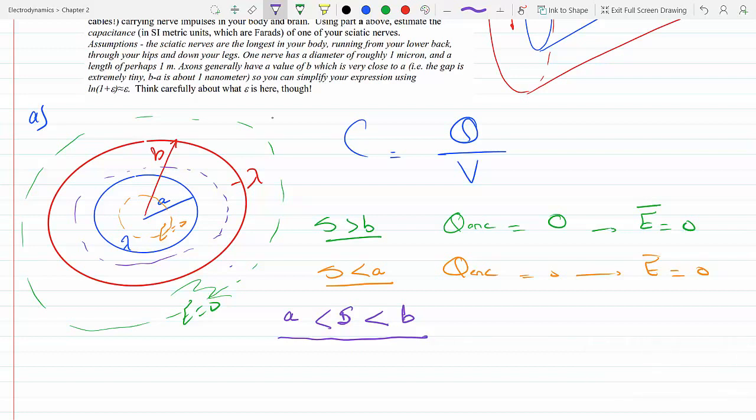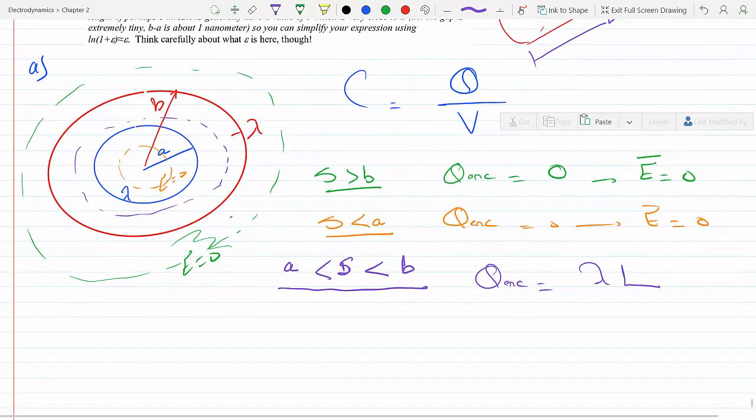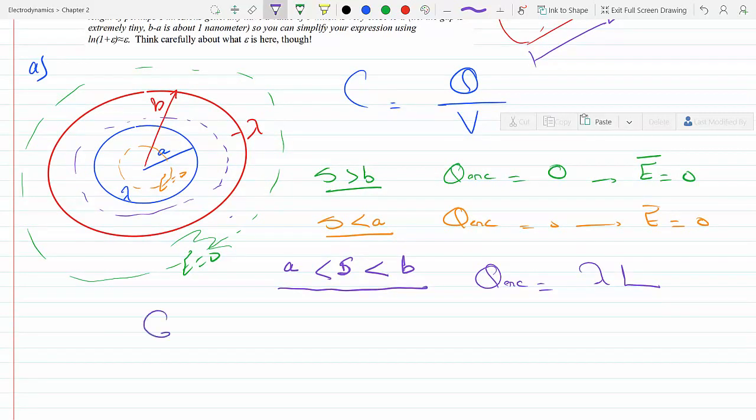Right? So here Q enclosed will just be lambda, this is charge per unit length, times the length. If this is my L here, if I take a piece of this cylinder, this is my L. And so now I can apply Gauss's law like I did above.